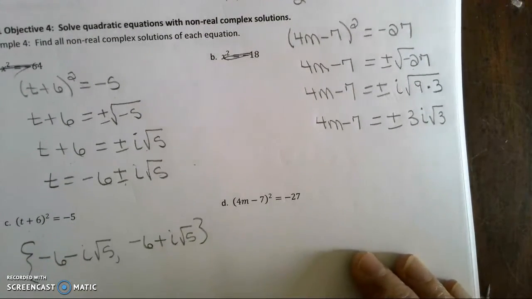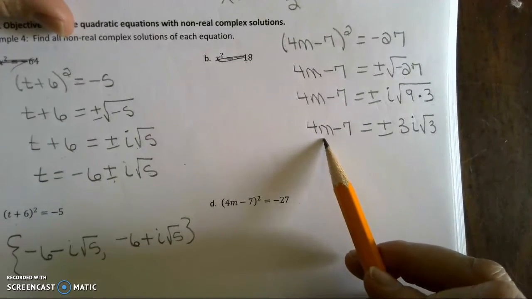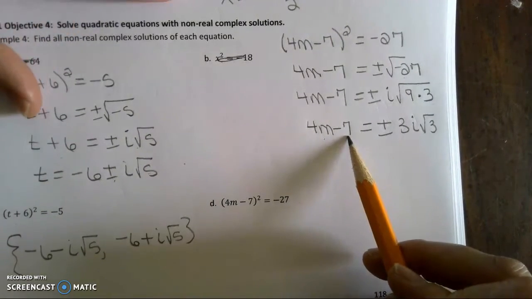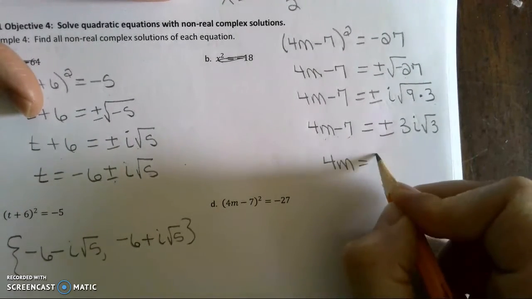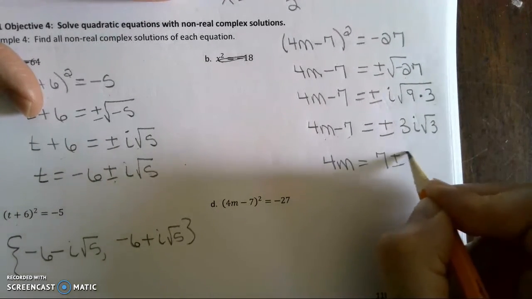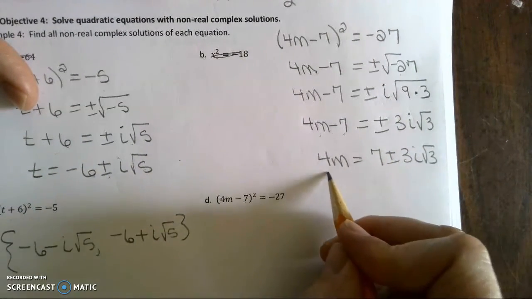Okay. So now I want to continue. I want to get this m by itself. So I'm going to add 7 to each side. And now I divide both sides by 4.